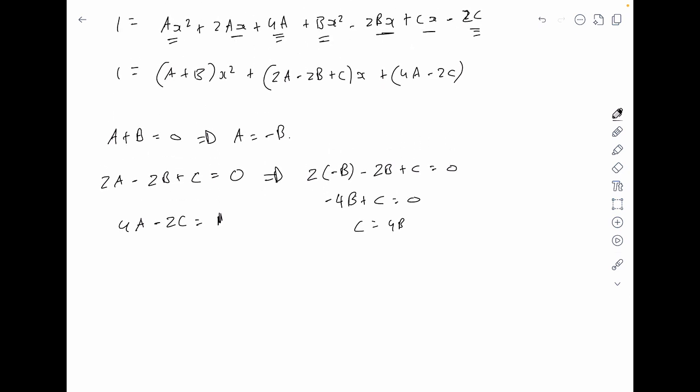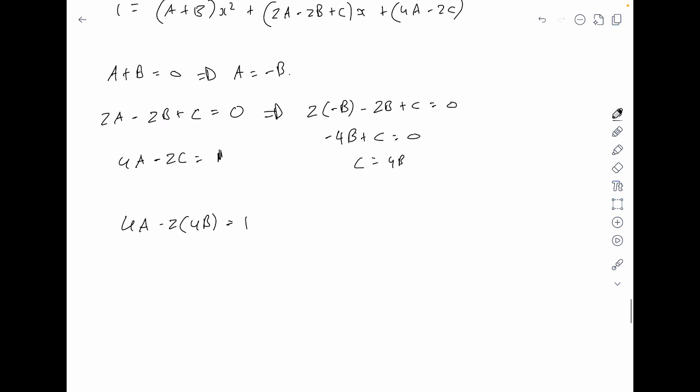Right, so if c is equal to 4b, then we can say, okay, 4a minus 2 times 4b is equal to 1, and 4a minus 8b is equal to 1.